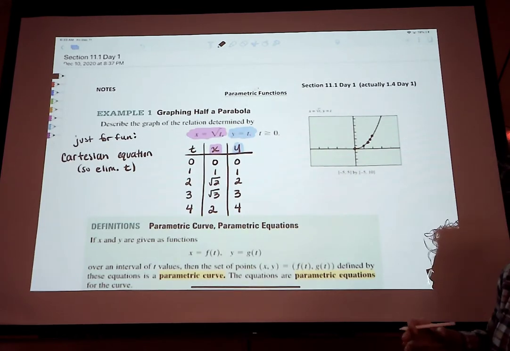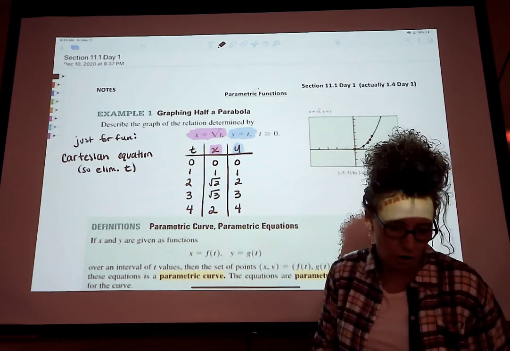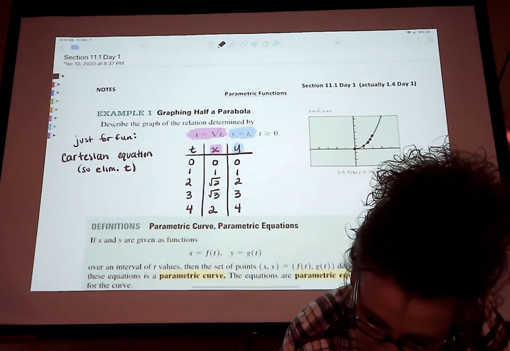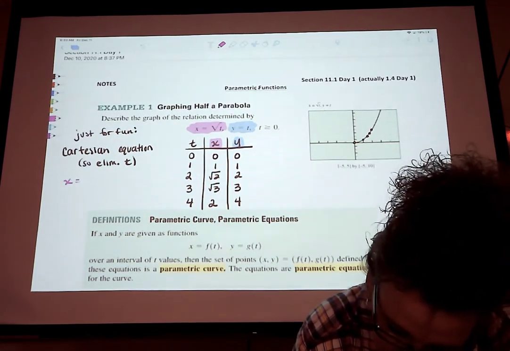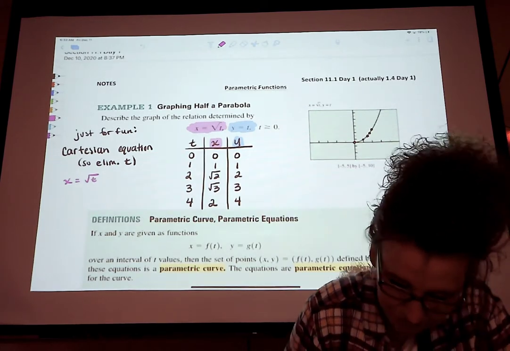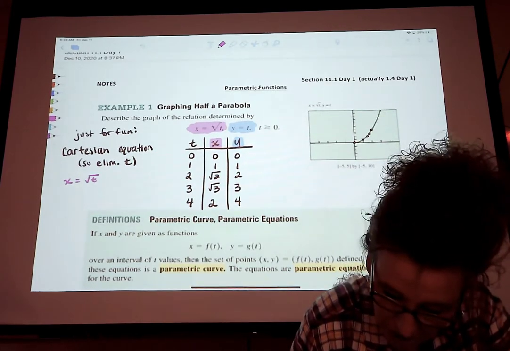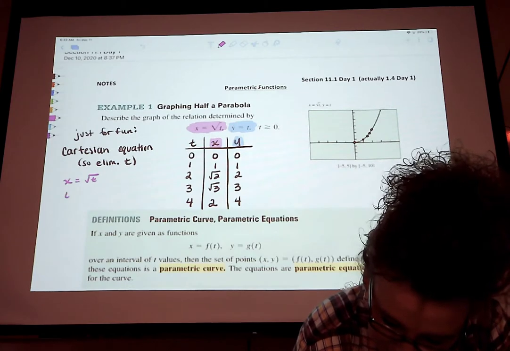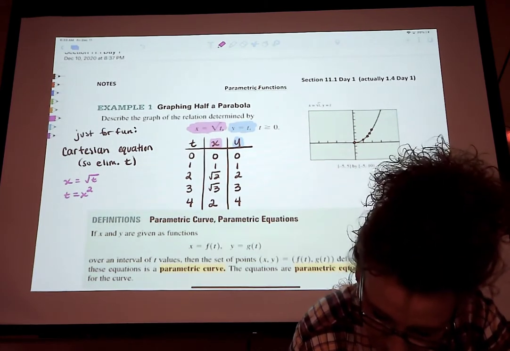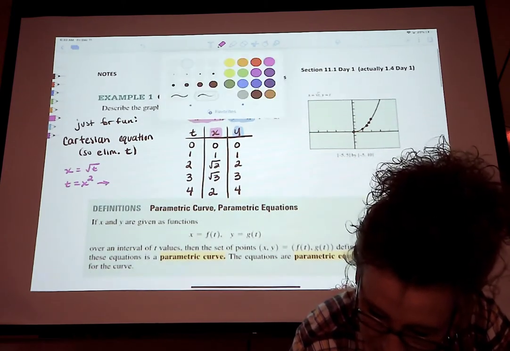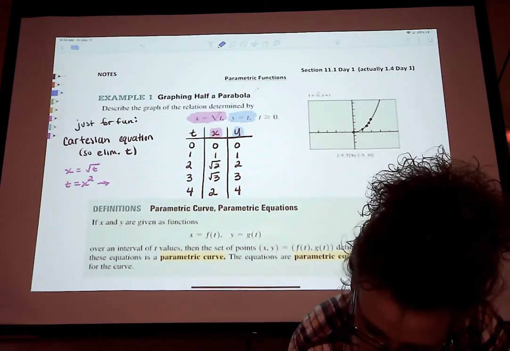Let's just look at how x and y are related. All right, so according to my original function up there, x was radical t. So if I square both sides, I get t equals x squared.